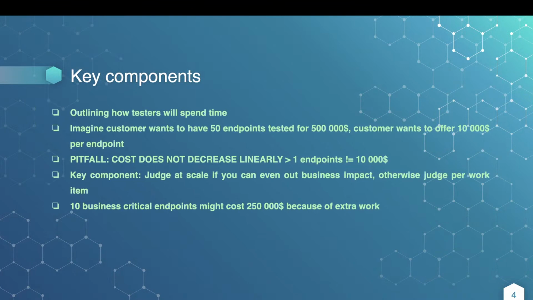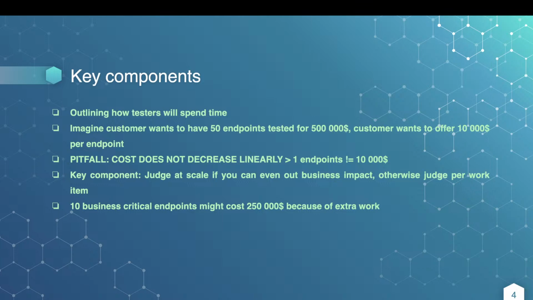Some key components here are you're going to outline how your testers are going to spend their time. Imagine a customer wants to have 50 endpoints tested for 500K. The customer wants to offer 10K per endpoint in this case, so 50 endpoints, 500K, 10K each.